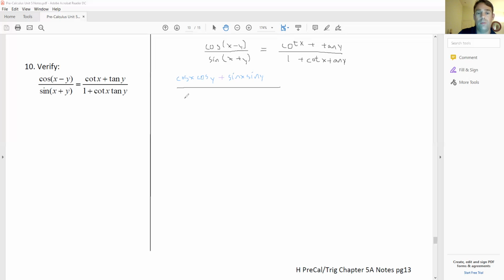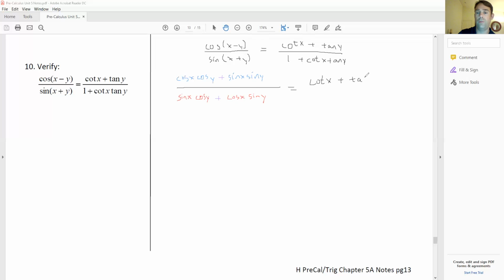Now I'm going to use my sine formula here: sine x cosine y plus cosine x sine y. And since that's a sum for sine, we use a plus there. All right, so we get it out of our sum and difference formula.